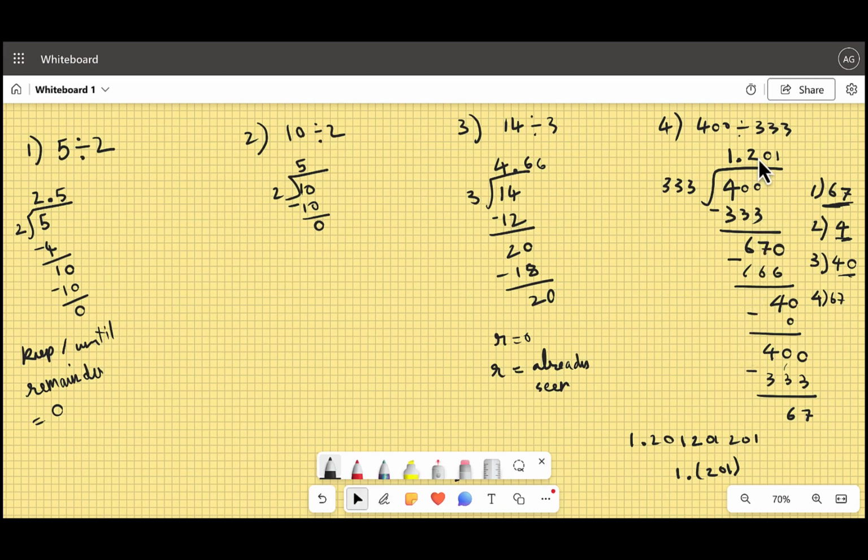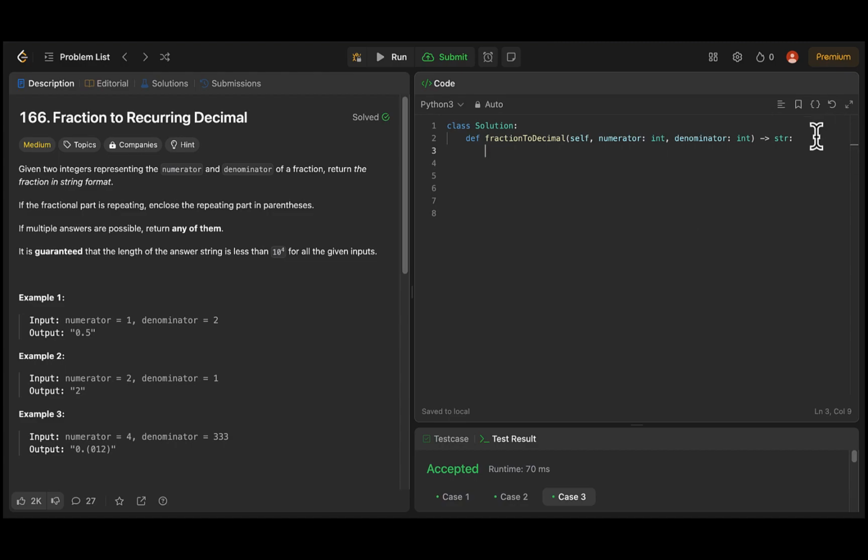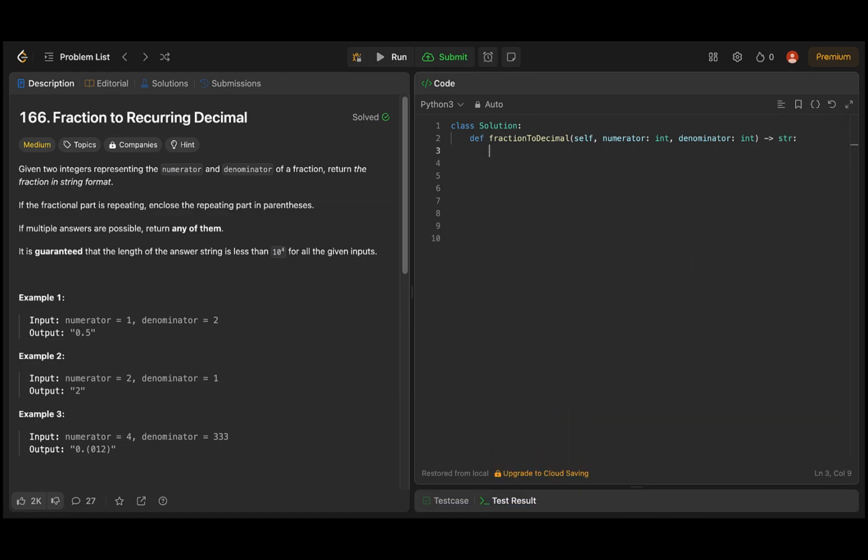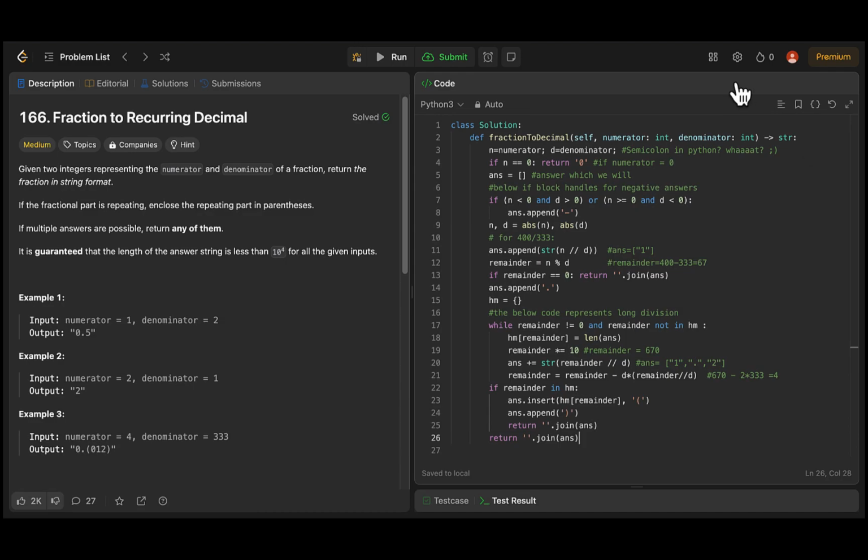I'll be pasting the solution, and it's pretty self-explanatory, and you'll understand. I have added a few comments to help you understand. n is our numerator, d is our denominator. If n is 0, then we return 0 directly.